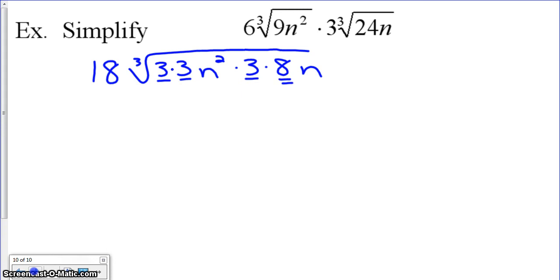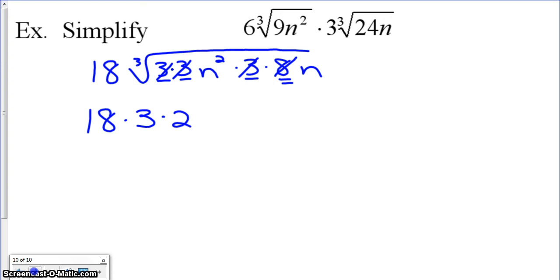I also have 8. 27 and 8 are both perfect cubes. So, I have 18 already on the outside. I'm going to cross off my 3's and bring out one of them. I'm going to cross off my 8 and bring out a 2, because the cube root of 27 is 3 and the cube root of 8 is 2.